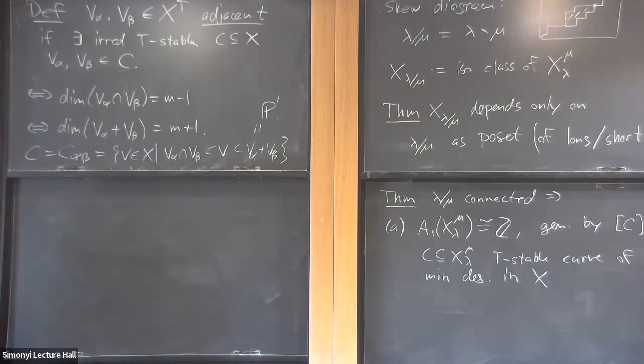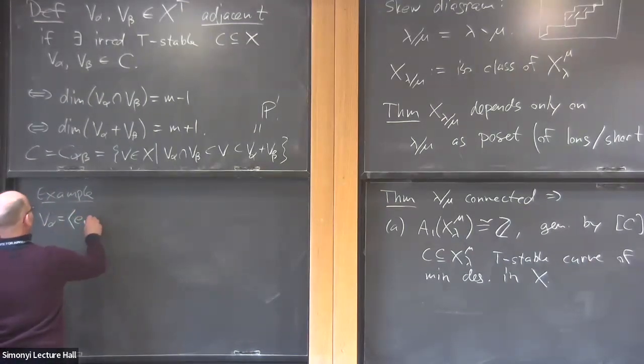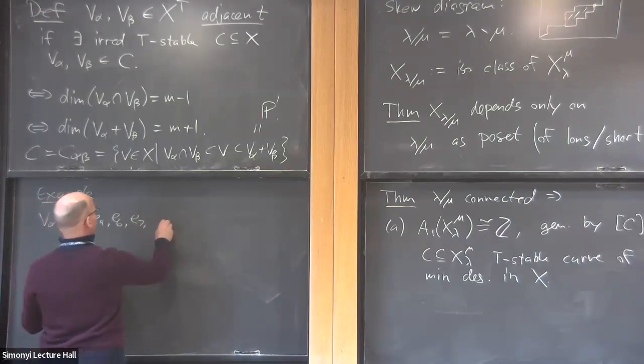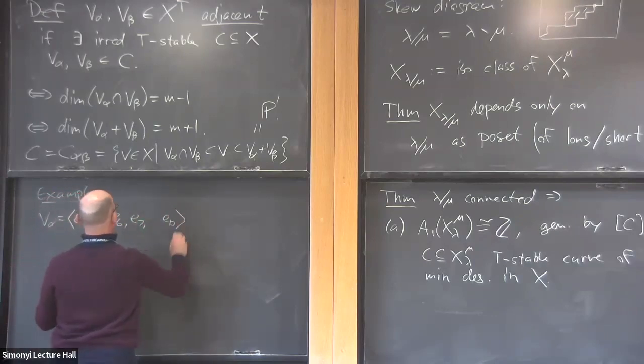All right, maybe we'll just do an example. At this point, I could take V alpha to be the span of e1, e4, e6, e7, and e10.